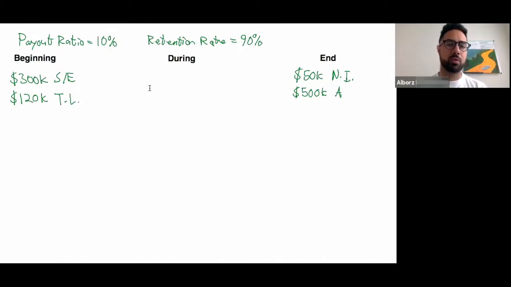During the year, our shareholders' equity increases by $45,000. Why? Well, that's because our 90% retention rate is applied to our $50,000 of net income. And 90% of 50K, or 50K times 90%, equals $45,000, which we will add to our shareholders' equity through means of retained earnings.